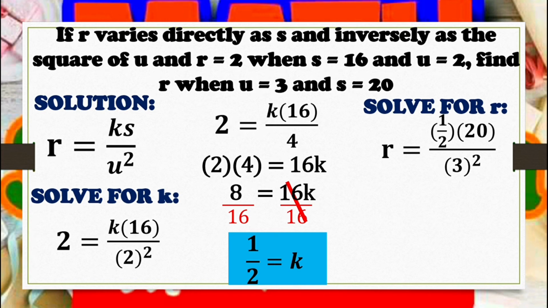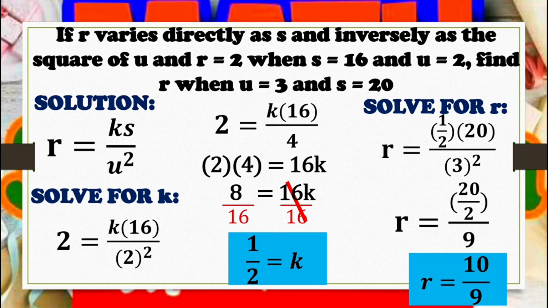Then, let us simplify. So, r is equal to 1/2 times 20, that is 20 all over 2, while squaring 3, that leads us to a value of 9. So, 20 over 2 can be simplified as 10. So, therefore, our final answer would be equal to 10/9. So, r is equal to 10/9 when u is equal to 3 and s is equal to 20.